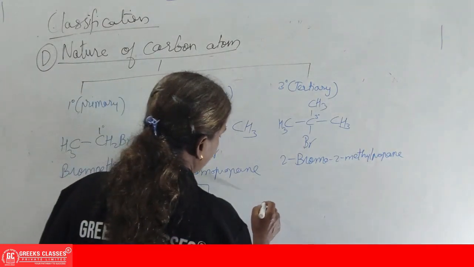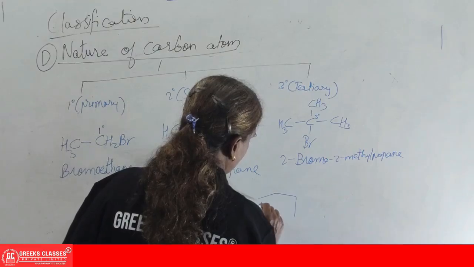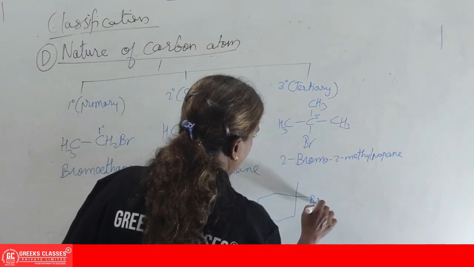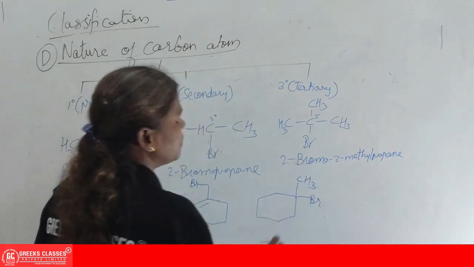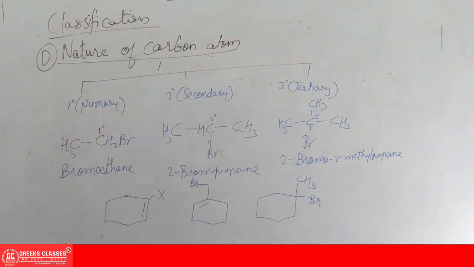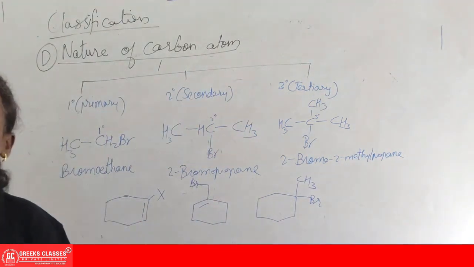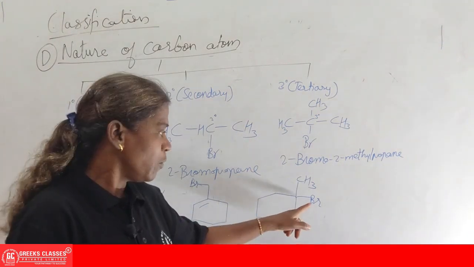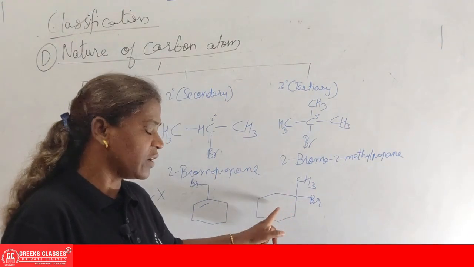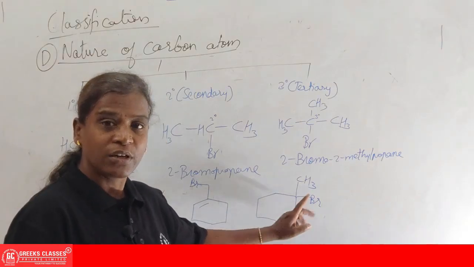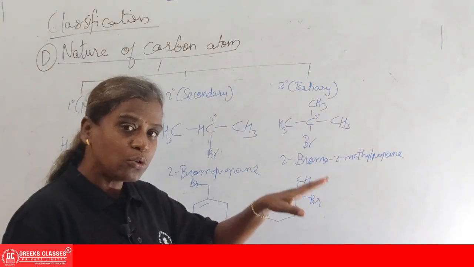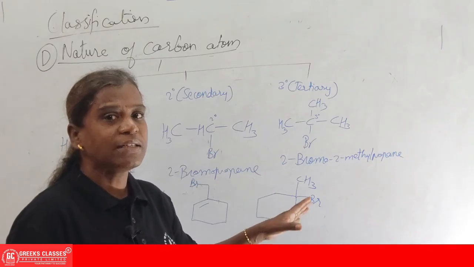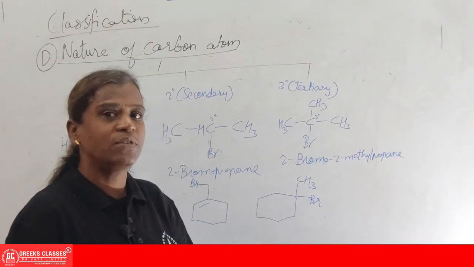Now can you identify whether this one is nuclear or a side chain? It is nuclear, it is part of the ring. Bromine is directly attached to the ring, so this is nuclear, not side chain. Although it is not a haloarene, it is acting as nuclear, part of the ring.